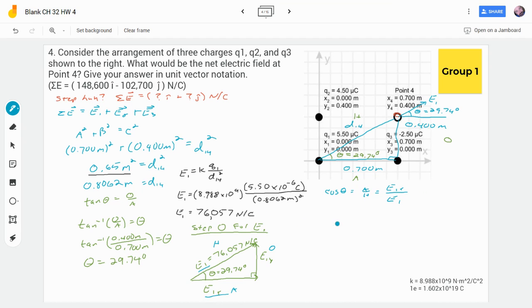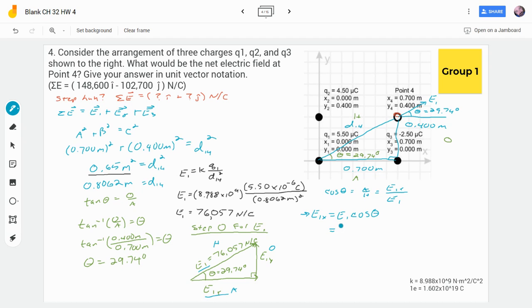Trust me with the math. What that's going to get me to is E1x is equal to E1 times cosine of theta. And hopefully I can squeeze in all of E1 on this one board. We'll see.